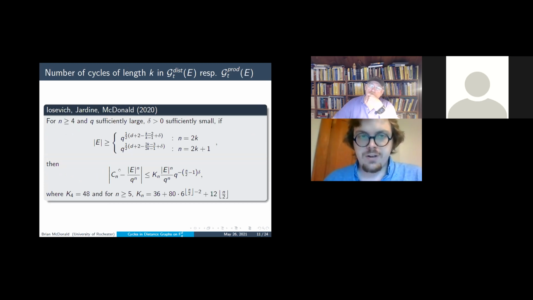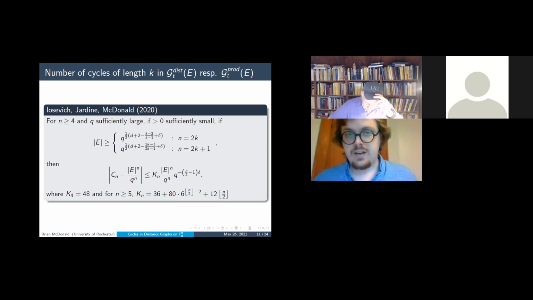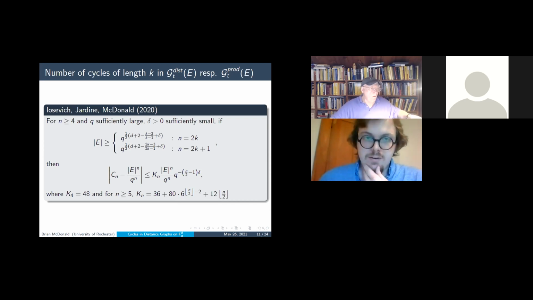So here the threshold on the size of E that we have is this. So when you look at this exponent, one good thing to compare it to is (d+1)/2, right? Because that's what in some settings we think of as optimal. And you'll notice that when k gets large, this gets as close as you like to (d+1)/2.